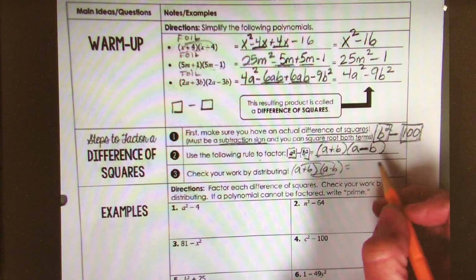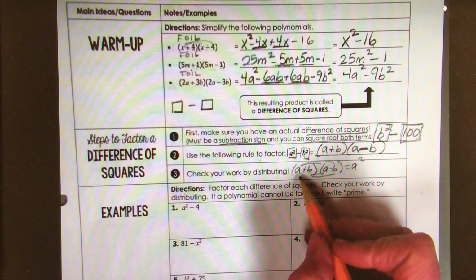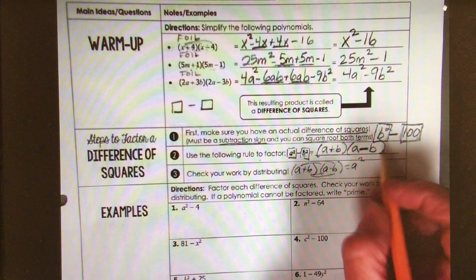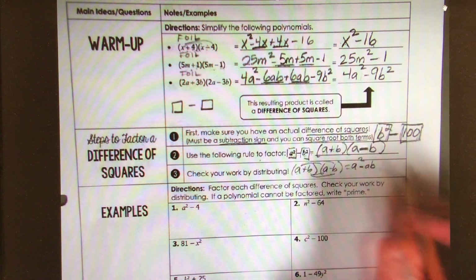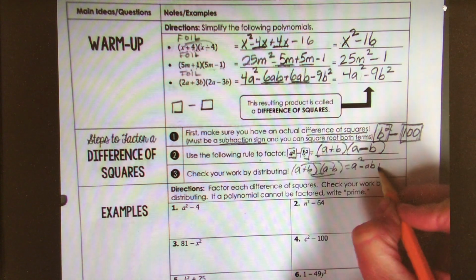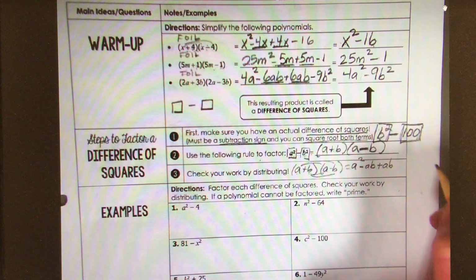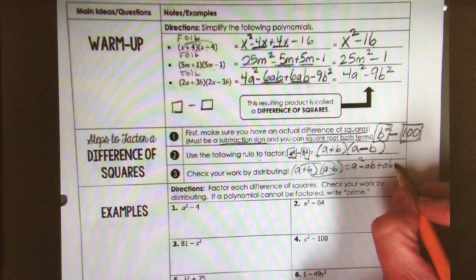So make sure you FOIL it out, and I'm going to end up with a squared. Well, let's see. And then I have a times negative b, so that's negative ab. And then I have b times a, but remember I always write it in alphabetical order. And then I have b times b, right?